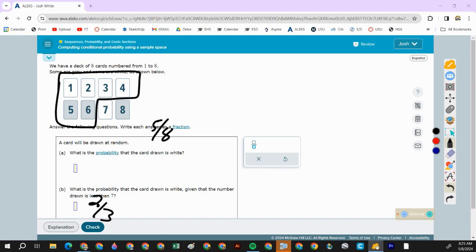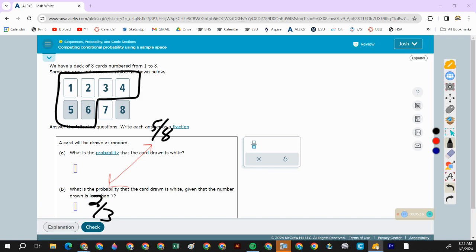Now, in the next lesson, we're going to be comparing these two numbers. And we're going to ask, does the chance of drawing a white depend on the number of the card? And what we're going to ask in the next lesson is, are color and number independent?